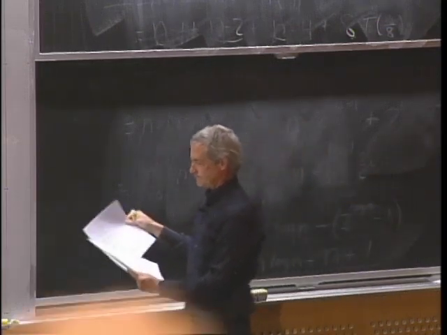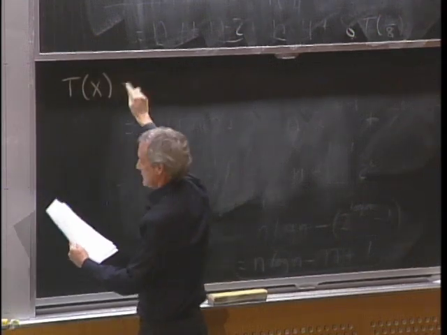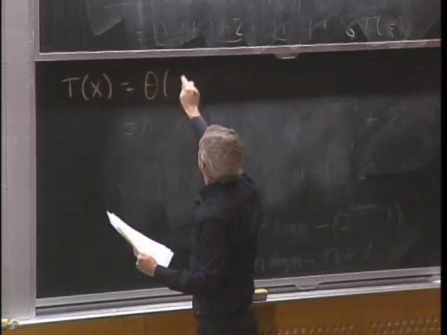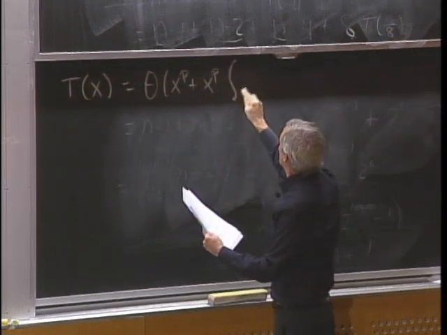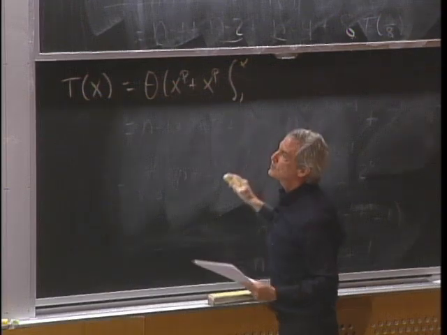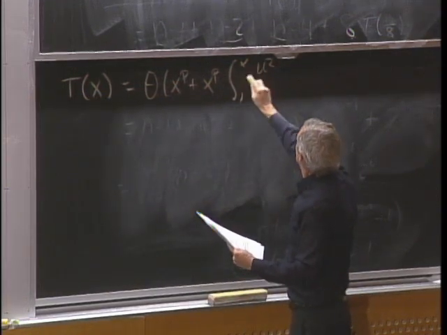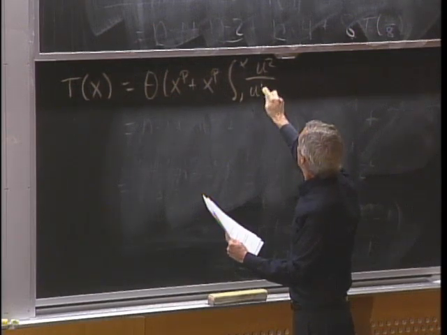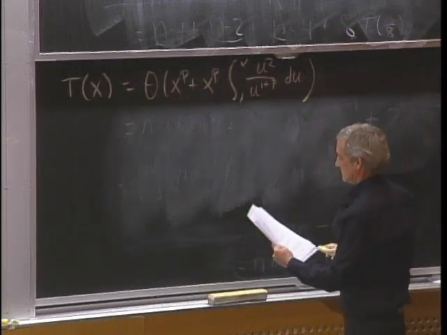OK. So I'm just going to try to solve it, write the solution anyway. T(x) equals theta of x to the p plus x to the p times the integral from 1 to x. What's g of x? x squared. So that's u squared over u to the 1 plus p. I still don't know what it is, but I'm going to give it a try here.